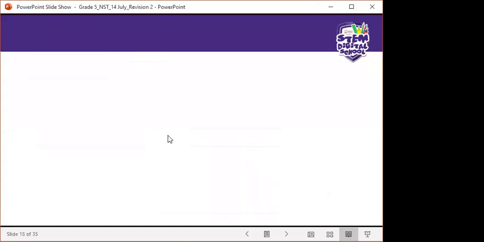Right, Lily 2, I see your hand. You can give me the function of the ribs. Lily 2, what is the function of the ribs? Can you hear me now? Yes, I can hear you.